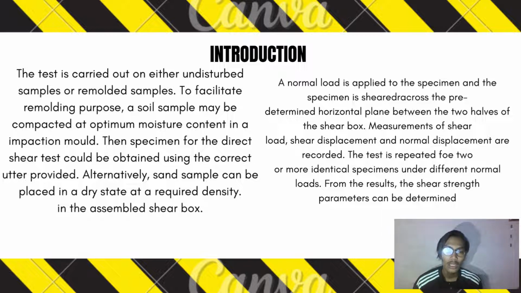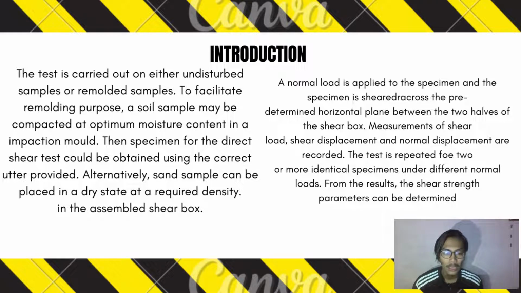A normal load is applied to the specimen, and the specimen is sheared at a constant rate across the predetermined horizontal plane between the two halves of the shear box. Measurements of shear load, shear displacement and normal displacement are recorded.